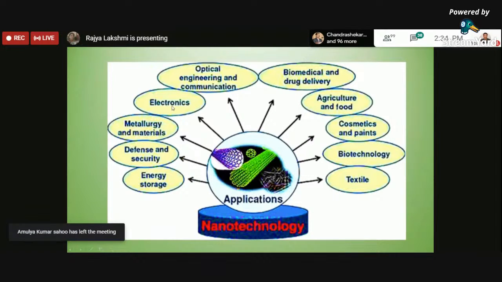Then electronics, optical engineering, biomedical and drug delivery, food industries, agriculture, cosmetics, biotechnology, and textile. And even transport. So each and every organization or department or field, directly or indirectly, is completely depending on nanotechnology for enhancing their manufacturing processes or other non-manufacturing processes.